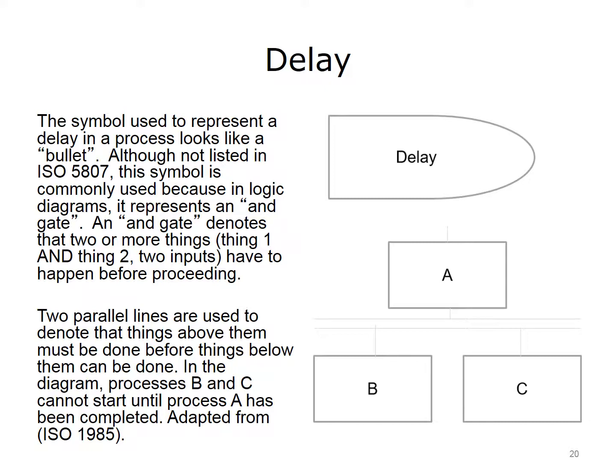Two parallel lines are used to denote that things above them must be done before things below them can be done. In the diagram, adapted from the ISO 5807 standard, processes B and C cannot start until process A has been completed. ISO 1985.